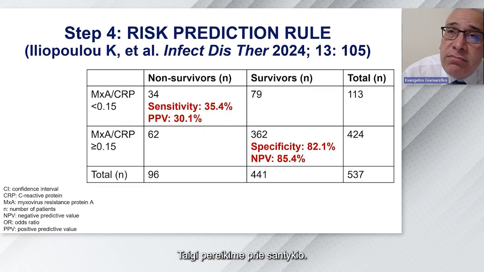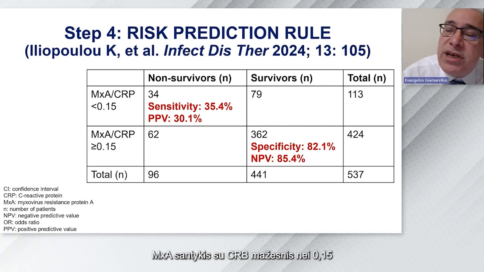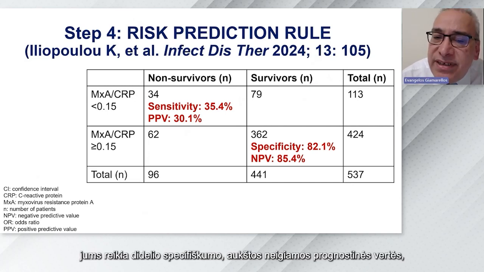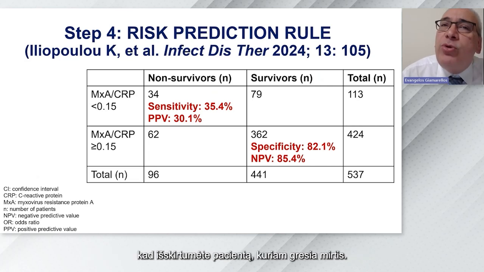So, let's get a ratio. MXA to CRP less than 0.15 and MXA to CRP more than 0.15. When it comes to death, you are in need of high specificity and high negative predictive value, so that you rule out the patient who is at risk to die.